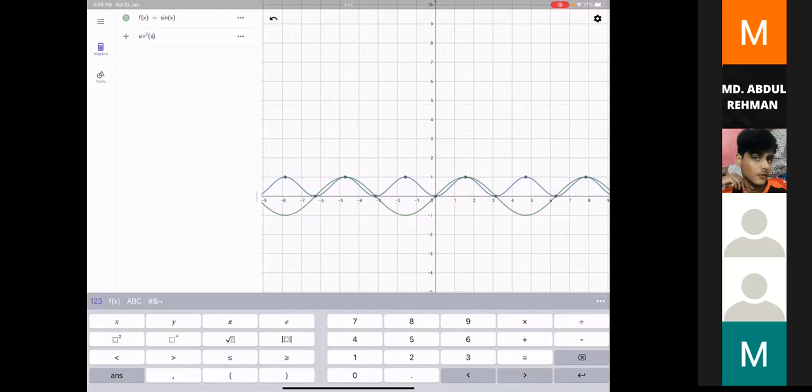Can you see the frequency is doubling? The green color graph is repeating for every 2 pi. I'll switch off the blue one. So the green graph completes one cycle after 2 pi, which is 6 point something.